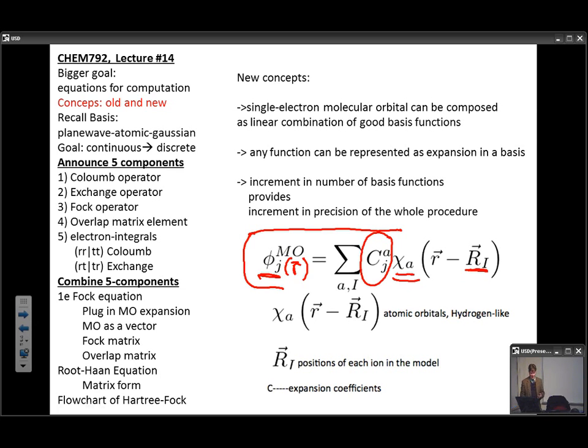And the overall idea of playing with those basis functions is that by increasing the number of those functions and improving the way they are represented, one can get an increment in precision of the methodology, predicting a more realistic description of properties of molecules and materials.